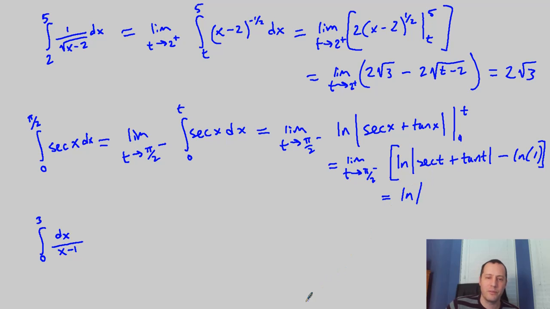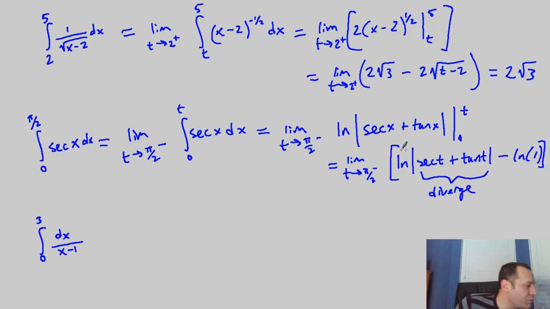Both of those have an infinite value, and so they don't exist. This limit is divergent because of that. I'm going to write it this way. Just each of these diverge as you plug in as t approaches pi over 2 from the left.